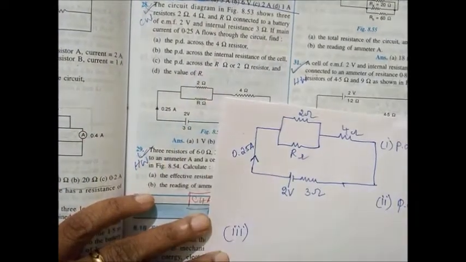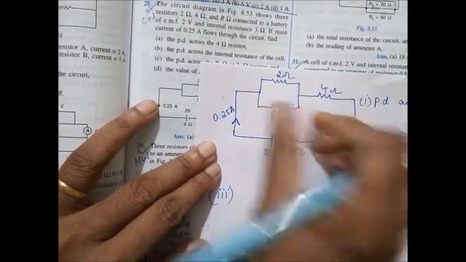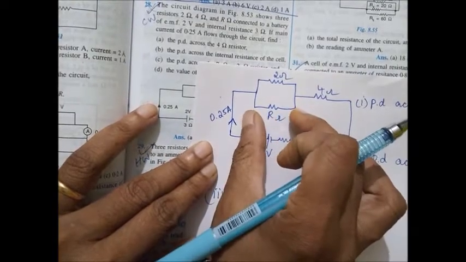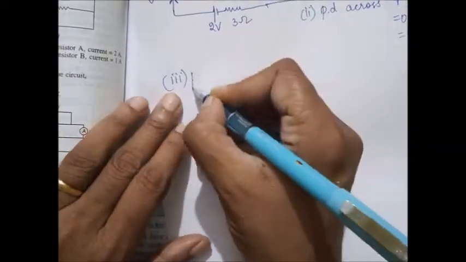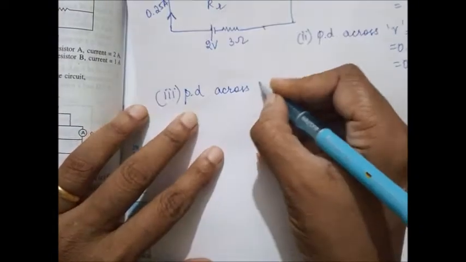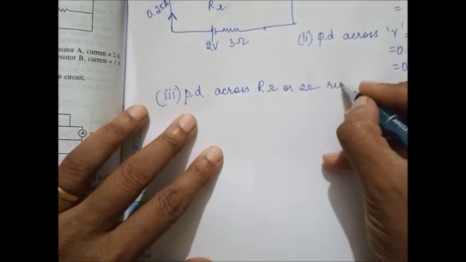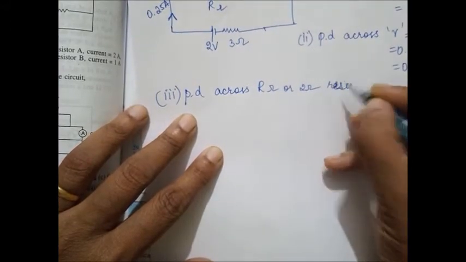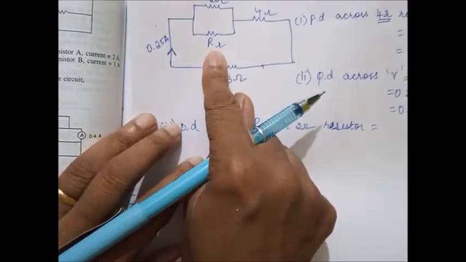PD across R ohm or 2 ohm resistor. Why they have given R? Because they are parallel. PD across these two will be same. Either you can say PD across R ohm, PD across 2 ohm, both will be the same. Now in this, we can't find the total resistance because one resistance is unknown.